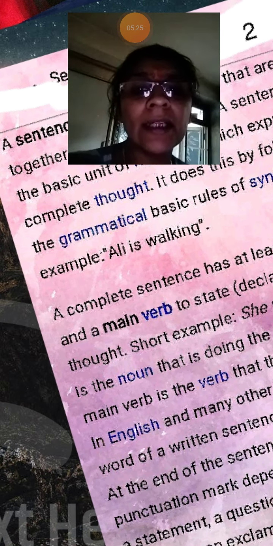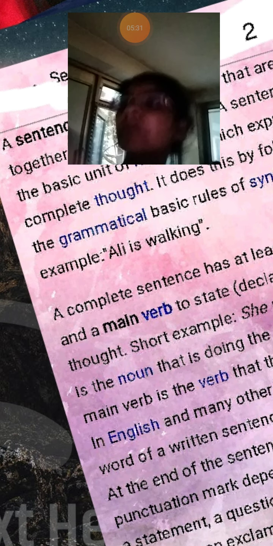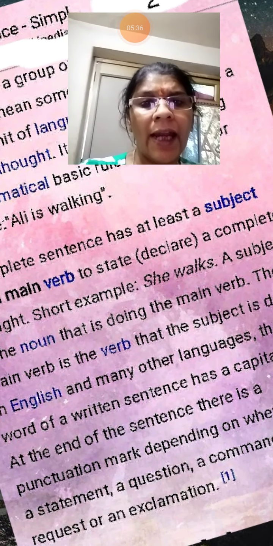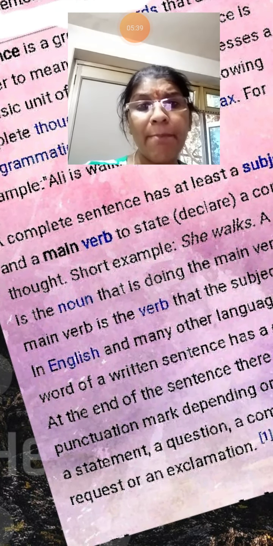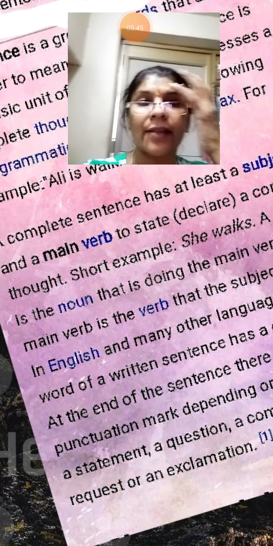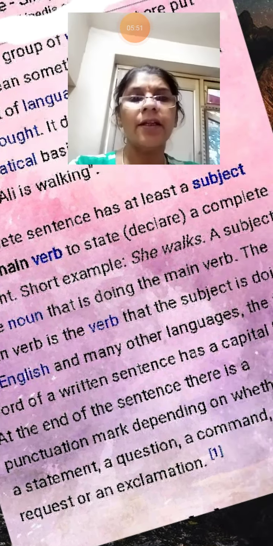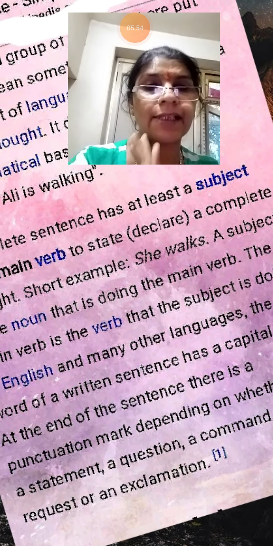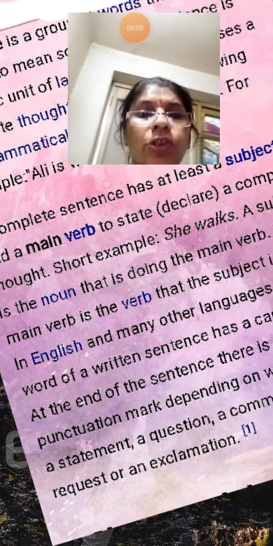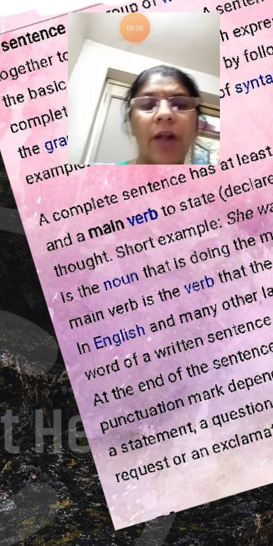Now, this is a sentence: Ali is walking. A complete sentence has at least a subject and a main verb to state or declare a complete thought.